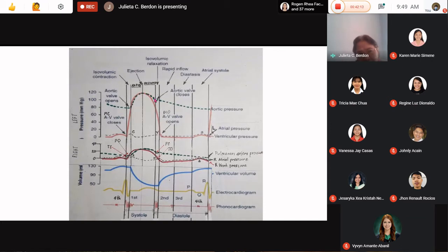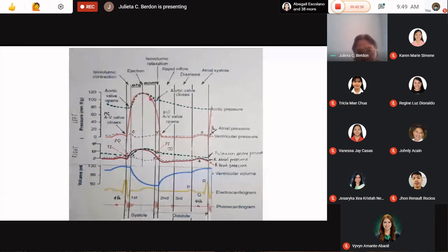Ventricular pressure is lower here, but there was still ejection of blood. We said that blood flows from greater pressure to lesser pressure. But here, ventricular pressure is already lower than aortic pressure, and yet blood was flowing from the ventricle to the aorta. Why is that?